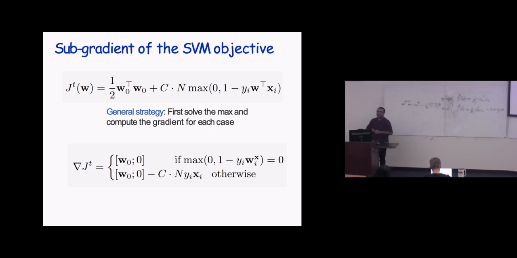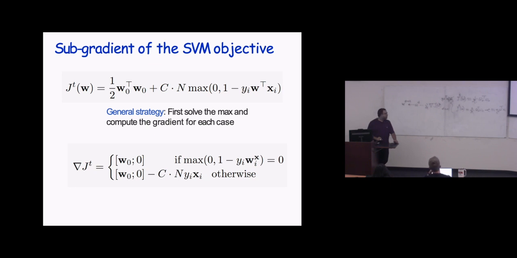Just taking a derivative. Oh, sorry, I wrote the wrong one. I wrote the delta j. The j remains the minus C dot n yi wt xi, right? The other part, because that's the max now. Is this clear?